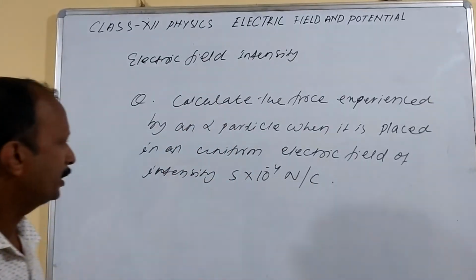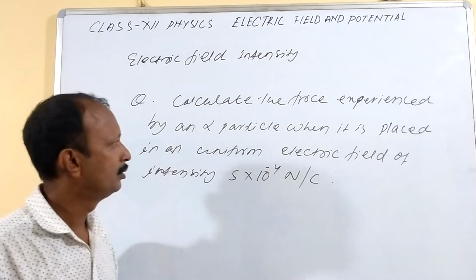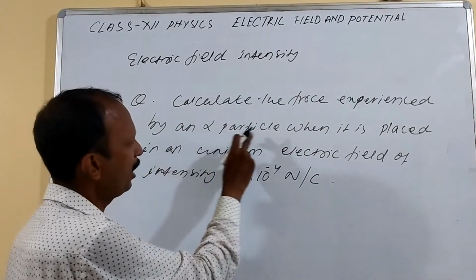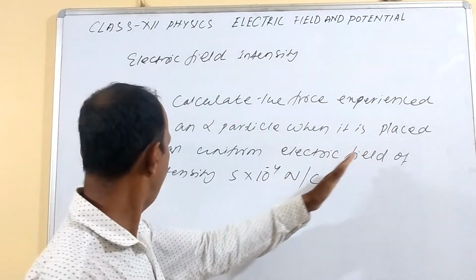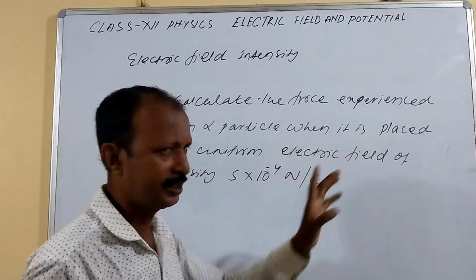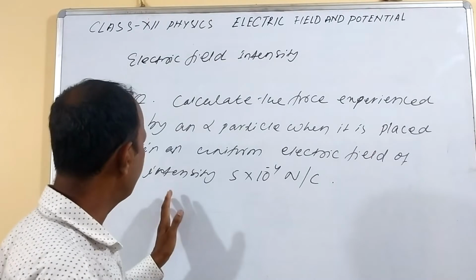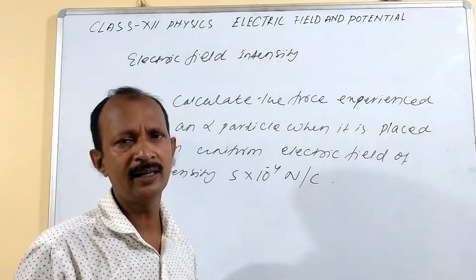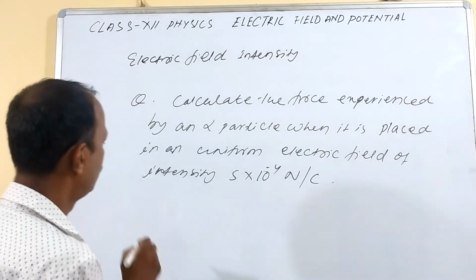The question is to calculate the force experienced by an alpha particle when it is placed in a uniform electric field of intensity or strength 5 into 10 to the power minus 4 Newton per Coulomb.